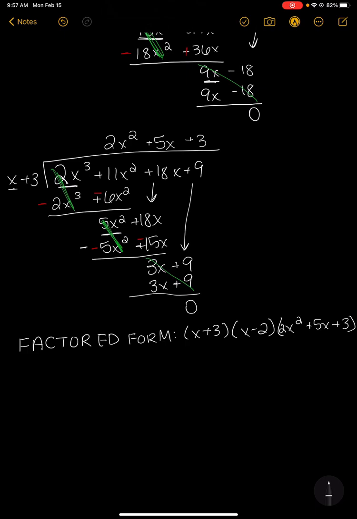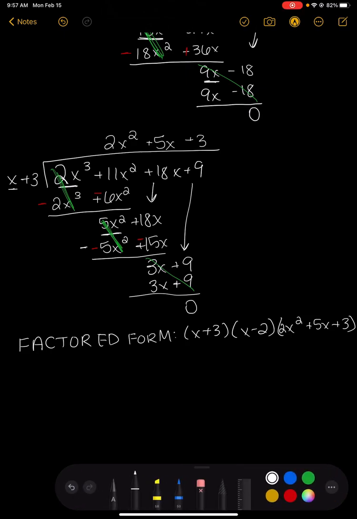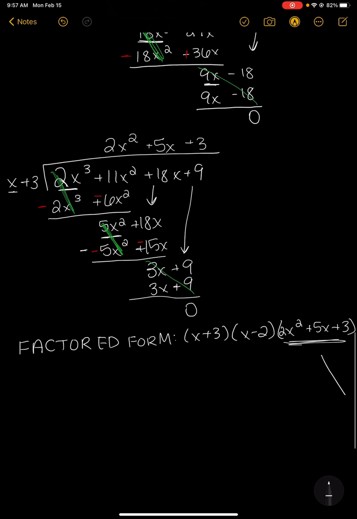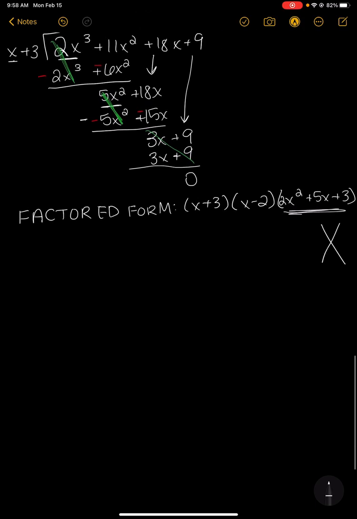But what we know is that 2x squared plus 5x plus 3 is a trinomial. And so hopefully you should be thinking, well, that's not completely factored. I can factor it further. So we will. We've got the 2 times 3 gives me 6 and 5. My two numbers that multiply to give me 6 but add to give me 5 would be 2 and 3.